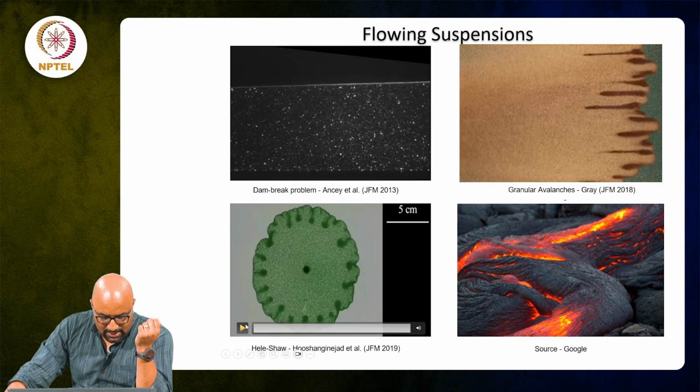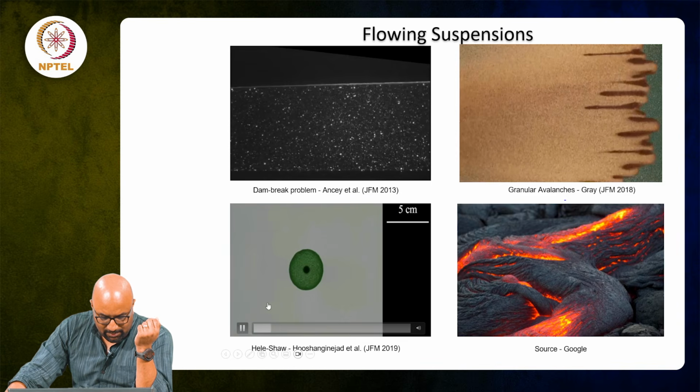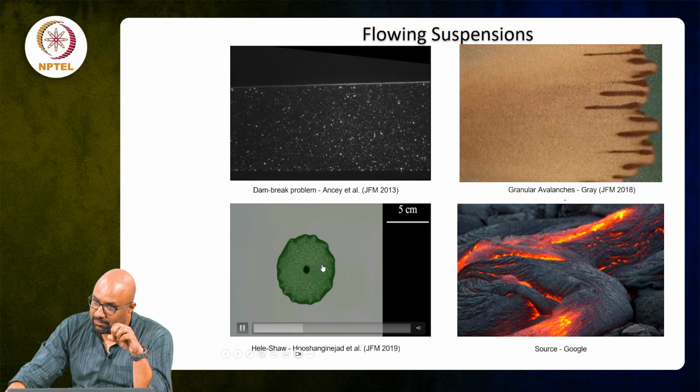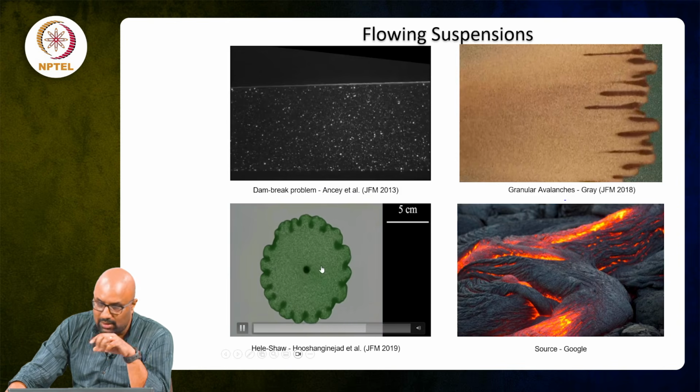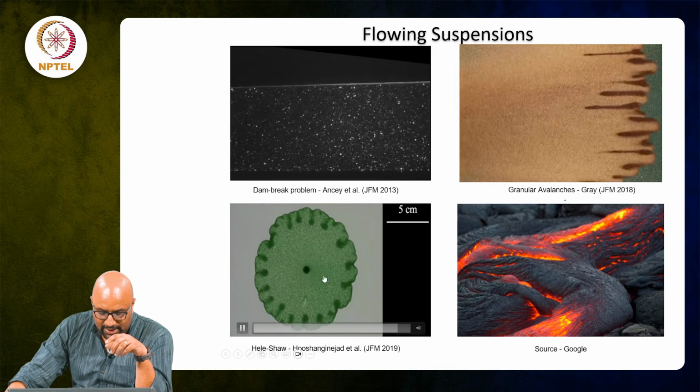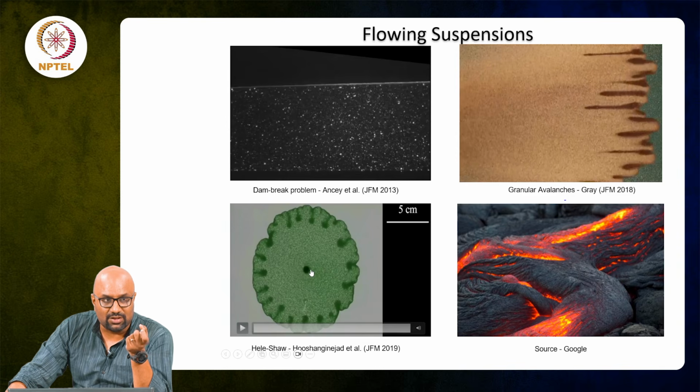This is a scenario, in the bottom left, where you are pushing out fluid into another fluid, and the fluid that is being injected is again laden with particles, and what you observe at the interface is this nice fingering pattern.